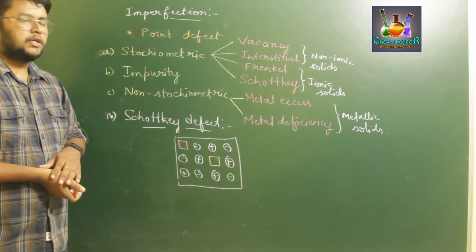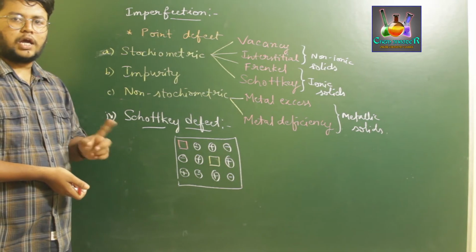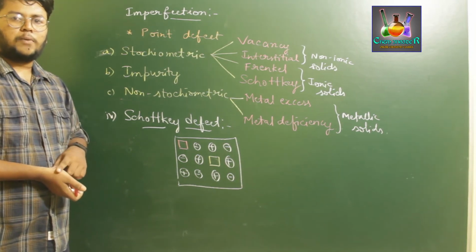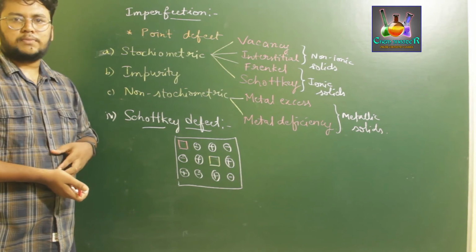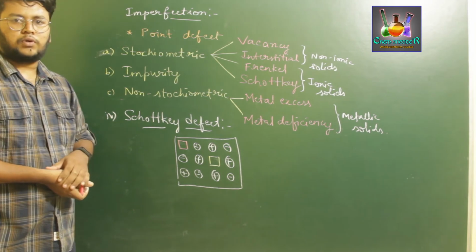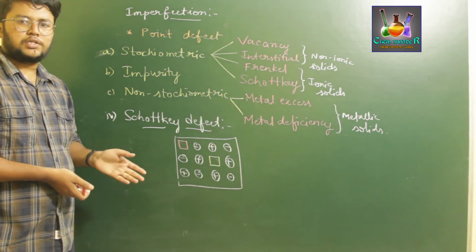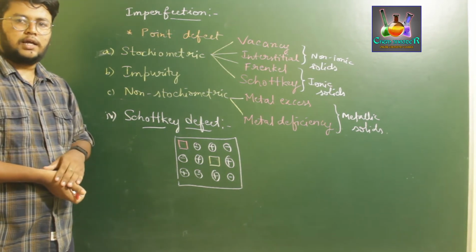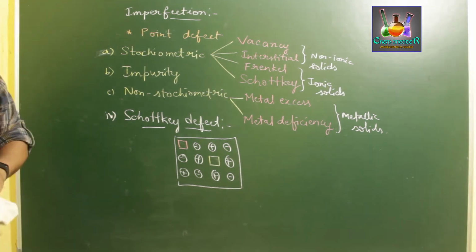Whereas Schottky defect is in an ionic solid where both cation and anion are lost in order to obtain electrical neutrality. If an anion has been lost earlier, then we lose a cation to get electrical neutrality. If we have lost a cation, then the solid structure will lose an anion to maintain electrical neutrality. So this is about Schottky defect.